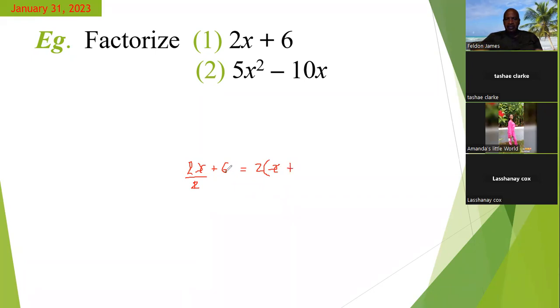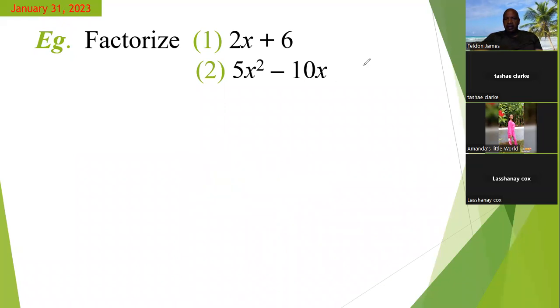Now we divide the next term, which is the 6, by the common factor 2. 2 into itself goes 1. 2 into 6 goes 3. And so we put that 3 in the bracket. And then we close the bracket, and then our factorization will be completed after we close the brackets. All right, so that's basically what we're doing when we're doing the HCF method.